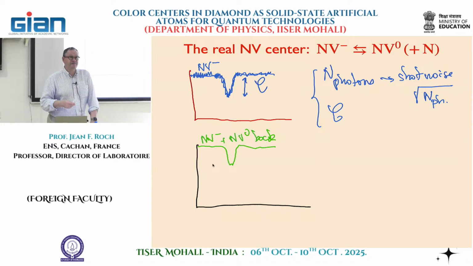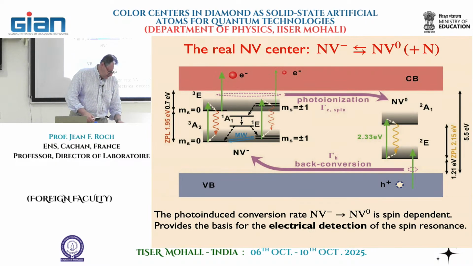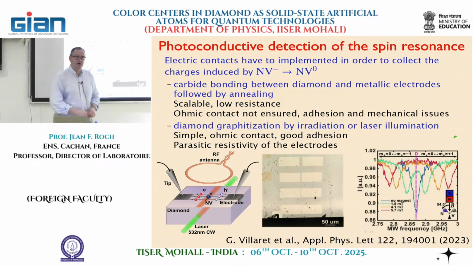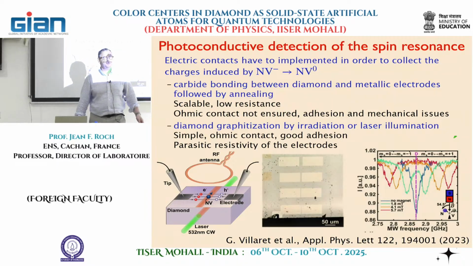On the PDMR, for the moment, if we look back to the PDMR, we see it like this curve. There is a contrast, but the contrast seems to be much higher.